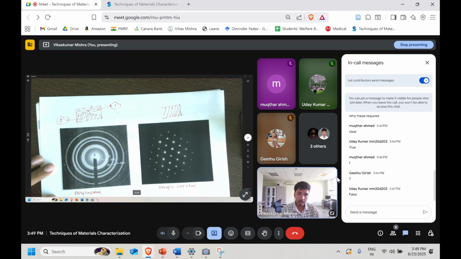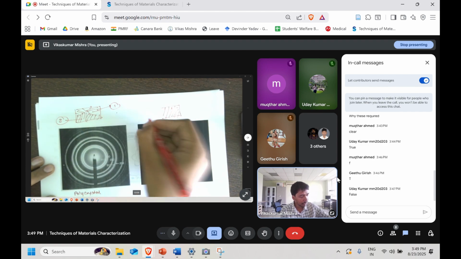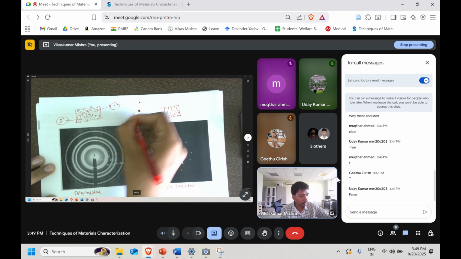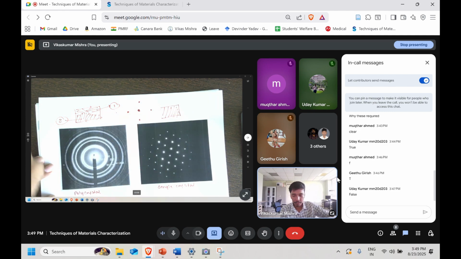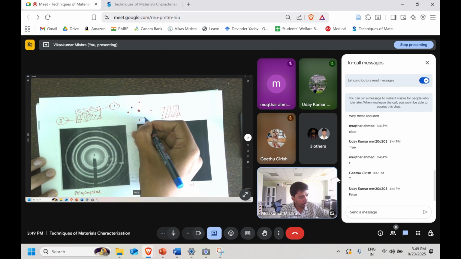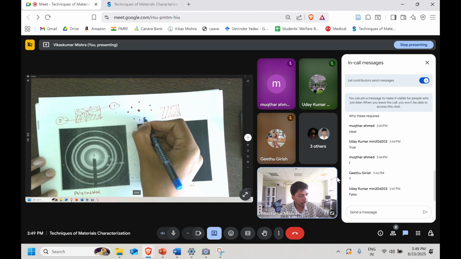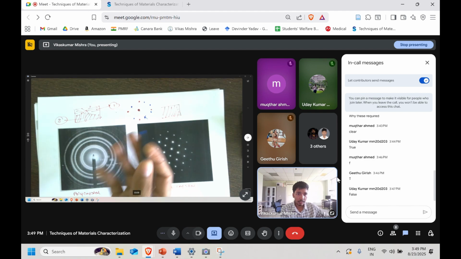Since their orientations are different, let us say grain 1 is giving a diffraction pattern something like this: this is the beam, the first one, second one, third one, fourth. So grain 1 is giving this. Grain 2, since it is oriented a little differently, will give something like this. Okay, I should have put it over here instead of here. So you can see it is rotated.